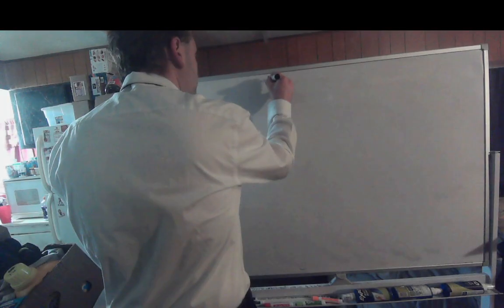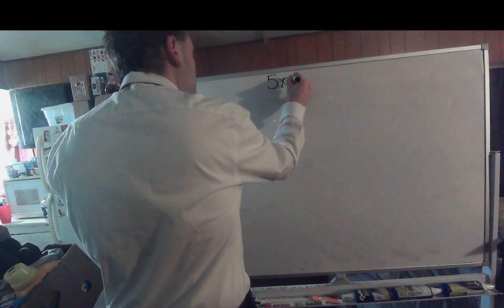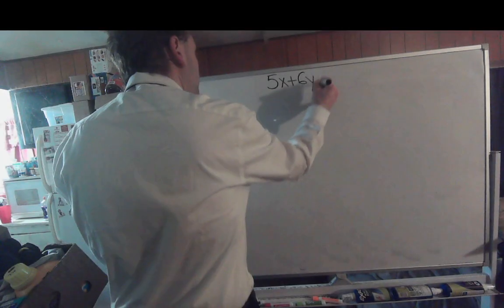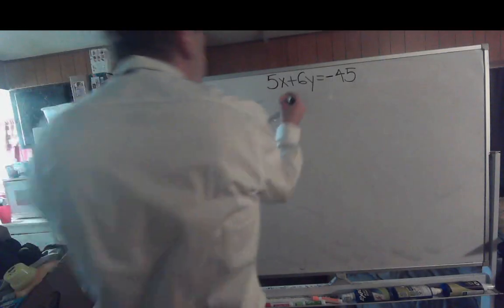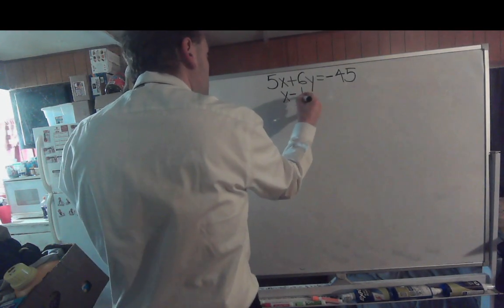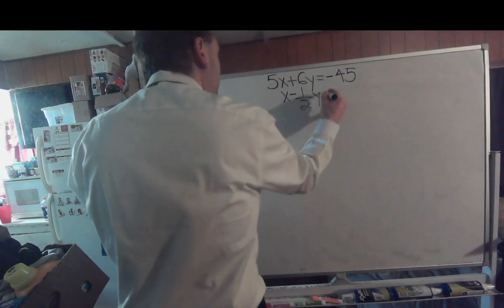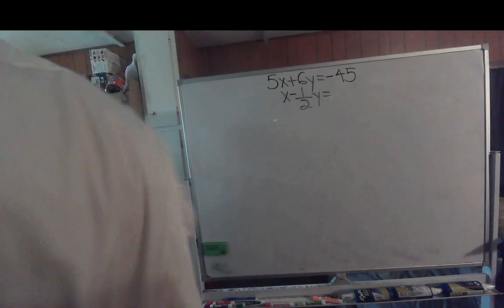All right, what do we got here? We got 5x plus 6y is equal to negative 45. Then we have x minus 1/2 y is equal to 8.